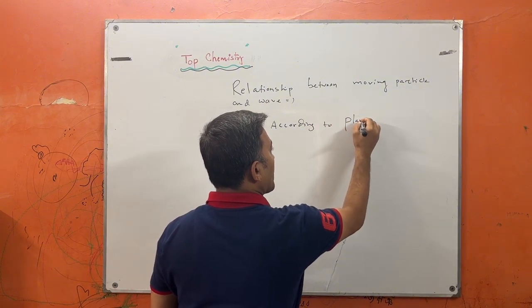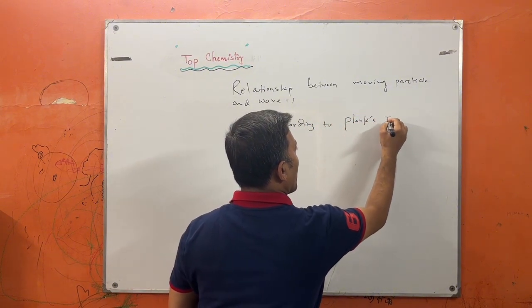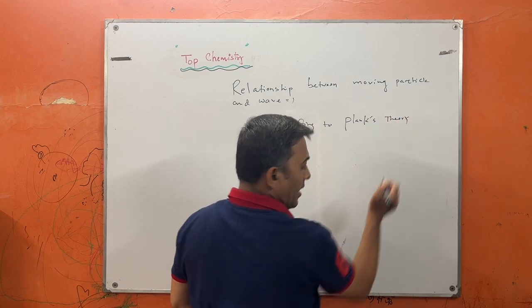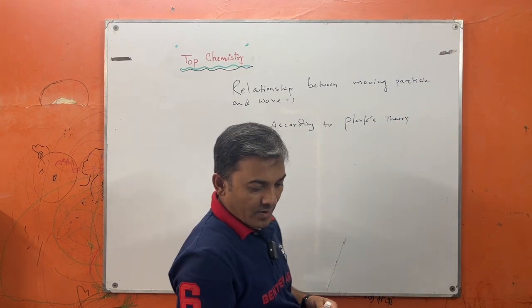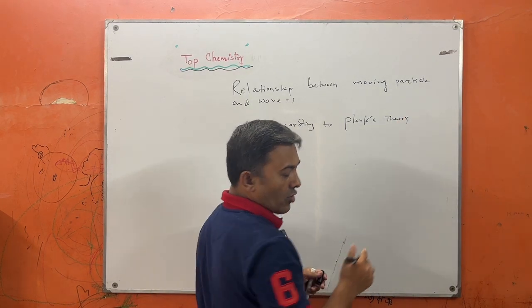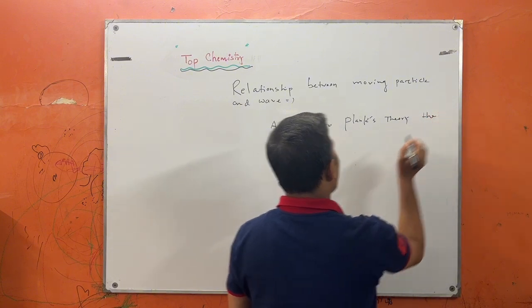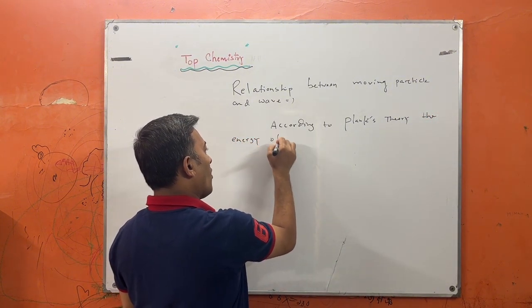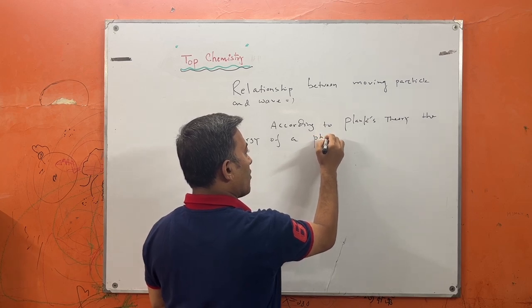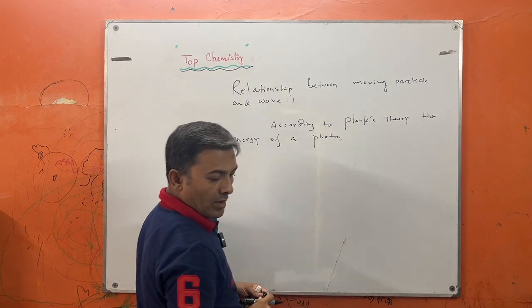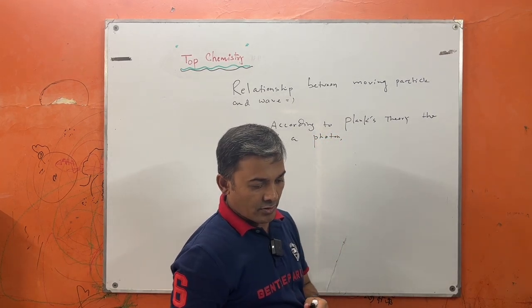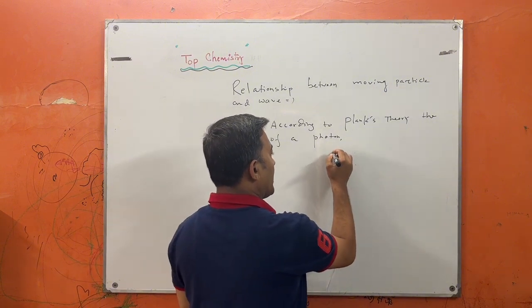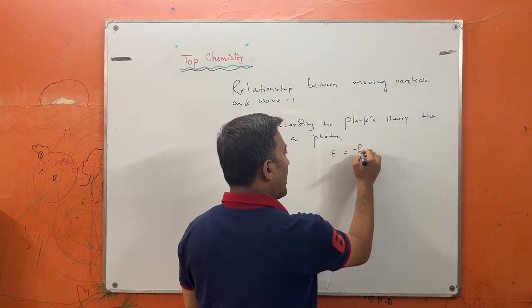According to Planck's theory, the energy of a photon is E equal to h nu.